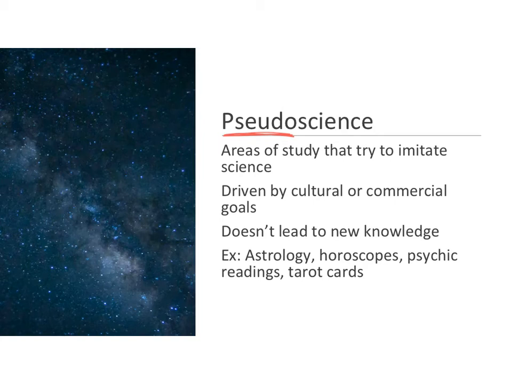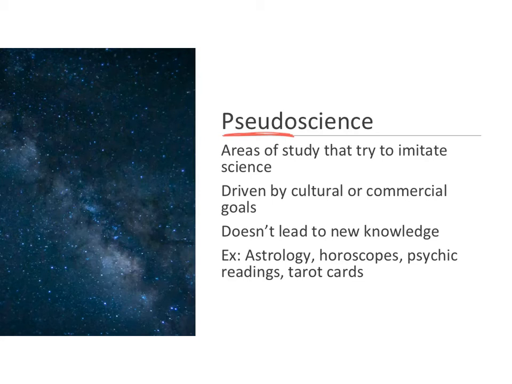All right, so hopefully you're thinking of words like fake, not real, sham. Pseudoscience, they're just areas of study that try to imitate science. Okay, these aren't actually science. Okay, but they're advertised like they are real science. Okay, so they're driven by cultural and commercial goals, and they don't lead to any new knowledge.